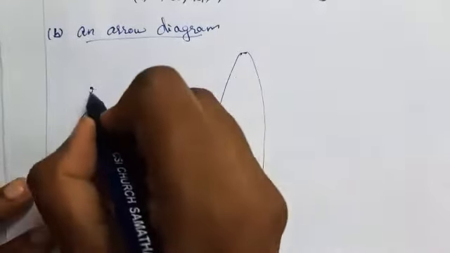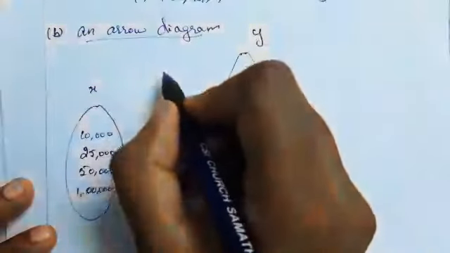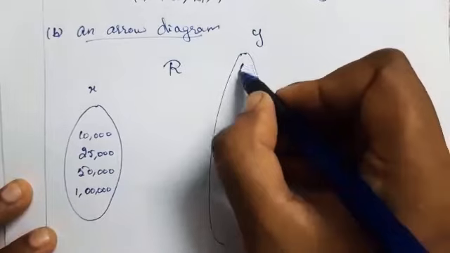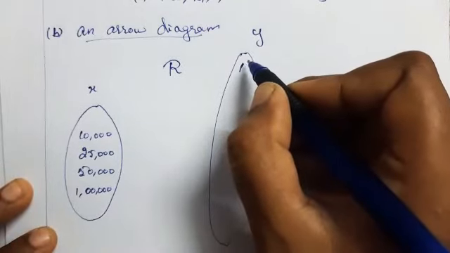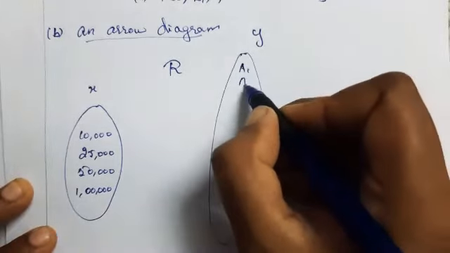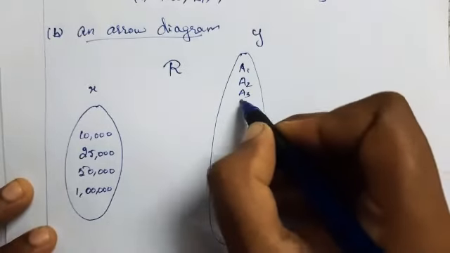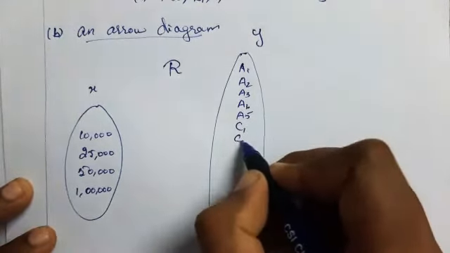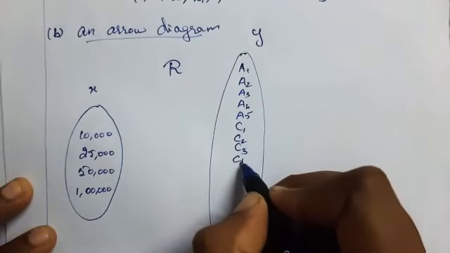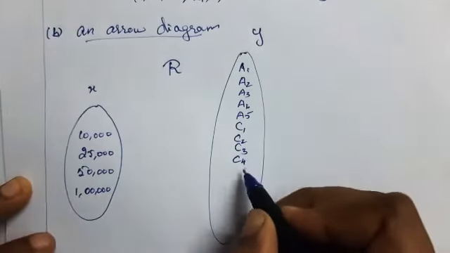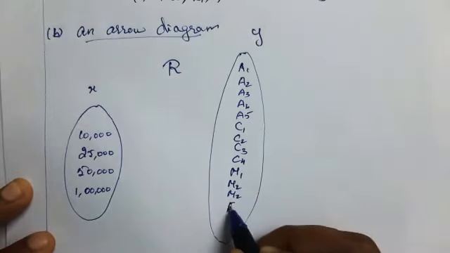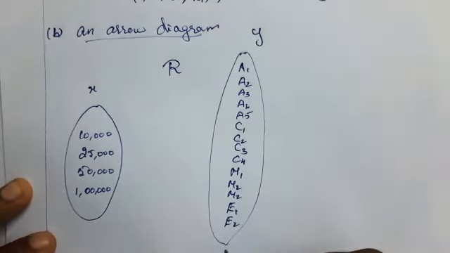Then this is a set small x, small y, relation is capital R. Start from the assistants A1, A2, A3, A4, A5. Then for clerk C1, C2, C3, C4. Then manager M1, M2, M3, executive officer E1, E2.